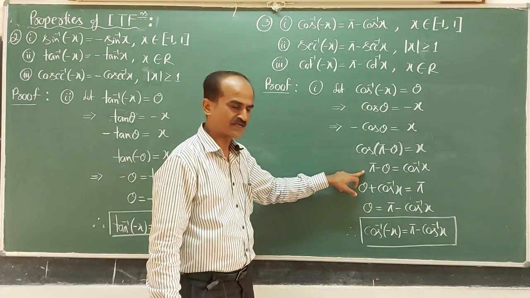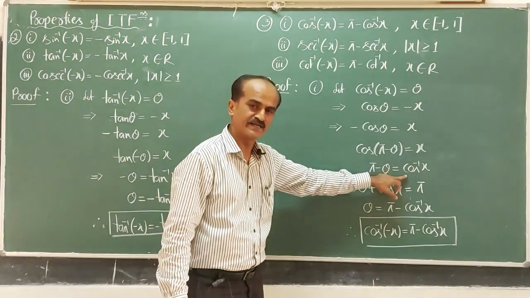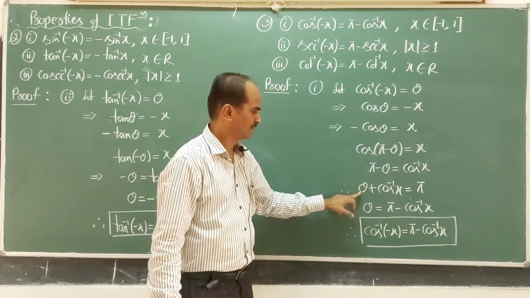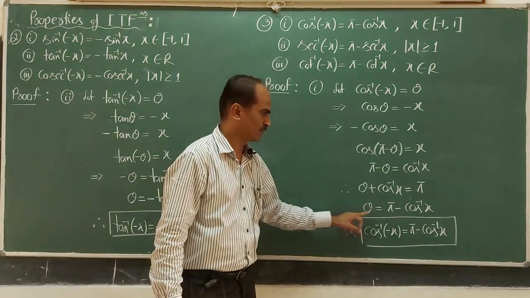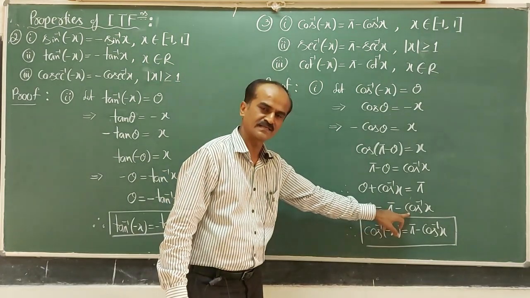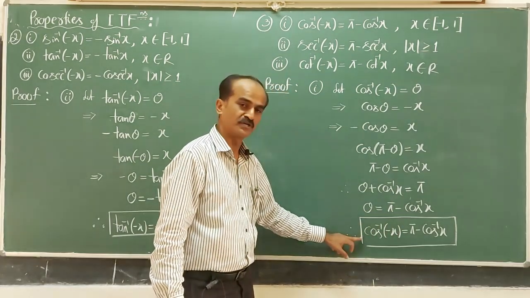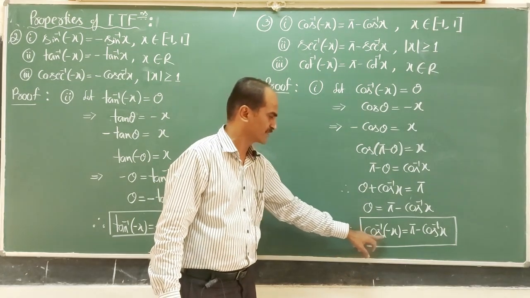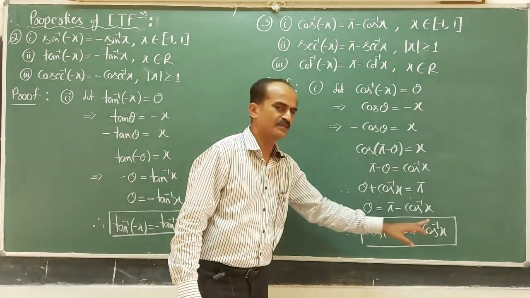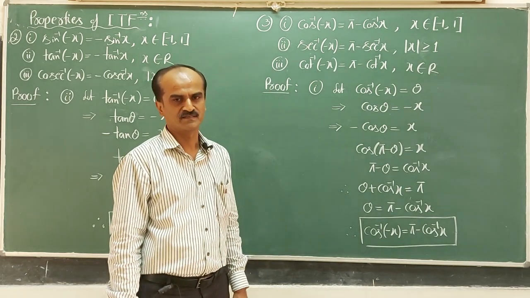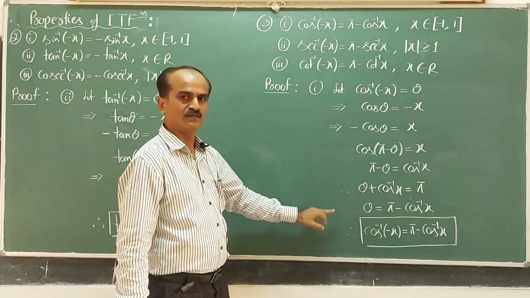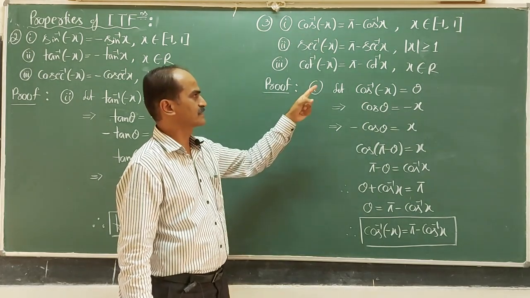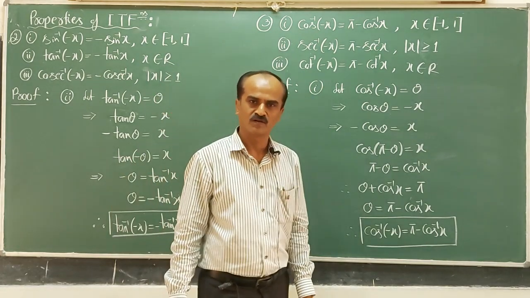Using inverse function, pi minus theta equal to secant inverse x, theta plus secant inverse x equal to pi, theta equal to pi minus secant inverse x. Resubstituting theta, therefore secant inverse of minus x is pi minus secant inverse x. With the same logic, you try to answer cot inverse of minus x equal to pi minus cot inverse x.